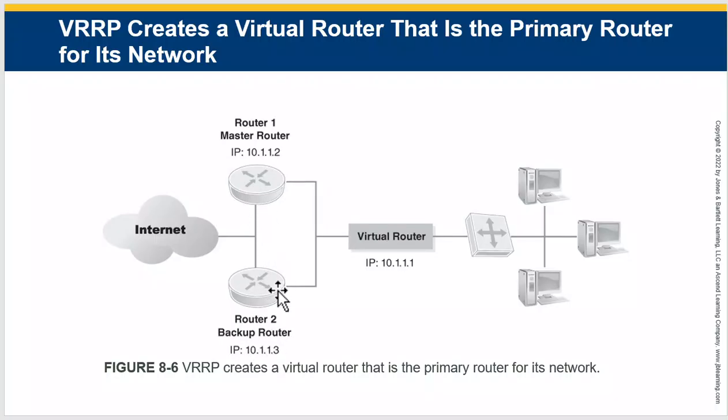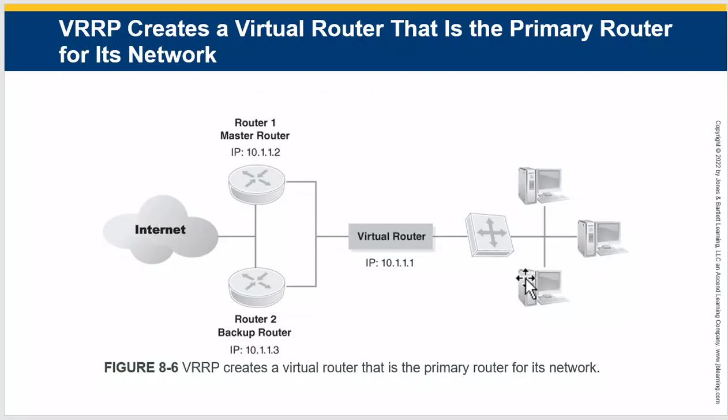But we've told both routers to present a virtual address of 10.1.1.1. So whenever these computers come on the network, their gateway address is going to be 10.1.1.1, and that's what they're going to use to send and receive traffic.